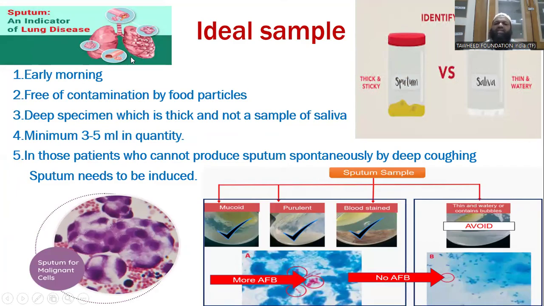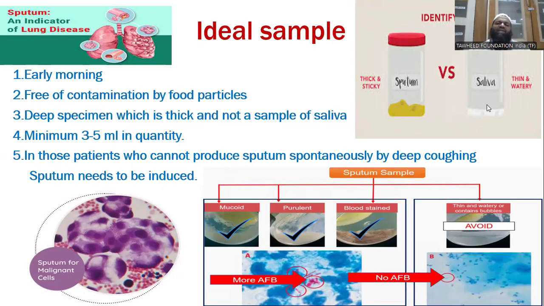For any disease related to the lungs, we can use a sputum sample to identify the disease. This is an ideal sample, thick and sticky. And if you see saliva, it is thin and watery. So there is a difference between sputum and saliva.